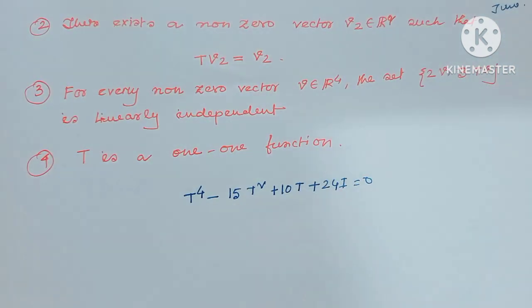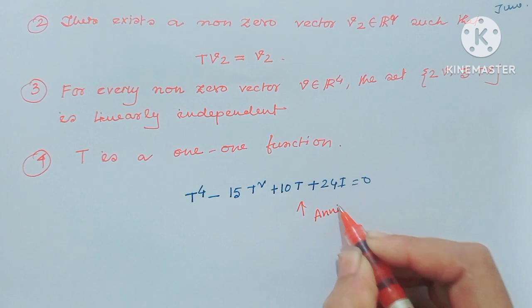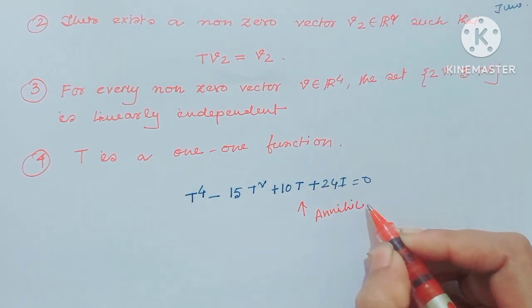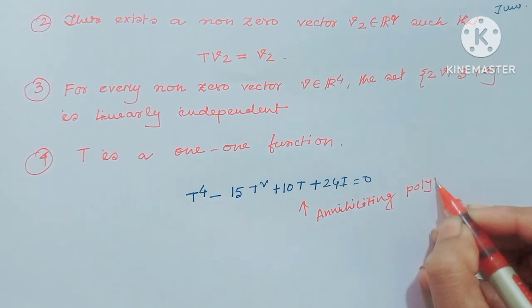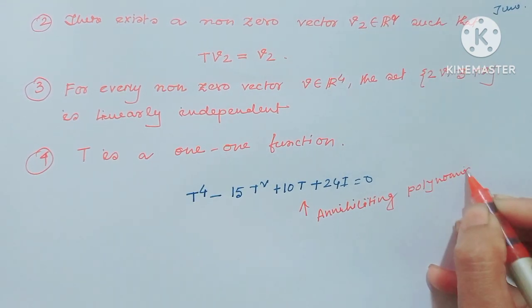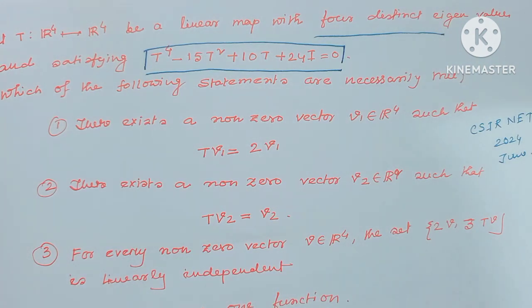This is the annihilating polynomial of this operator, which has 4 distinct eigenvalues.